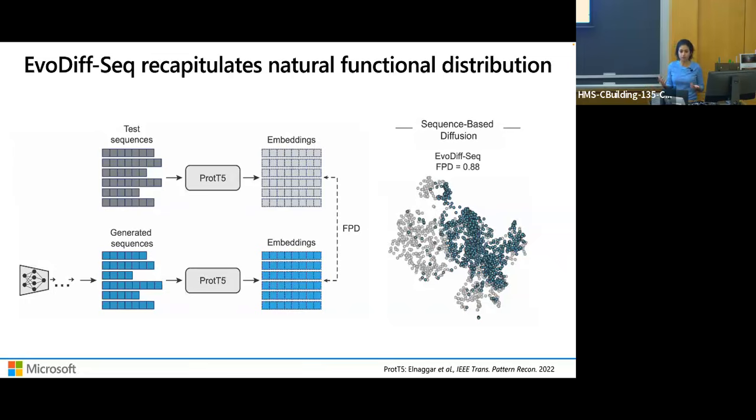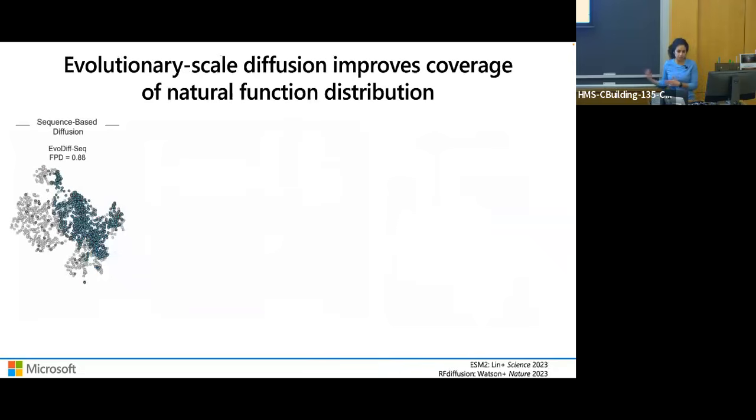We can also measure this quantitatively by computing effectively a distance metric, looking at the similarity of the distribution of embeddings for natural proteins versus generations from EvoDiff. But ultimately, these numbers and visualizations are without context unless we have something directly comparable to benchmark and assess relative to.